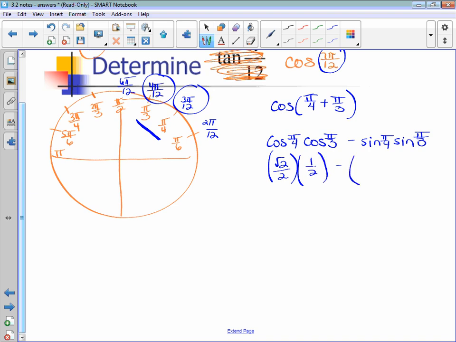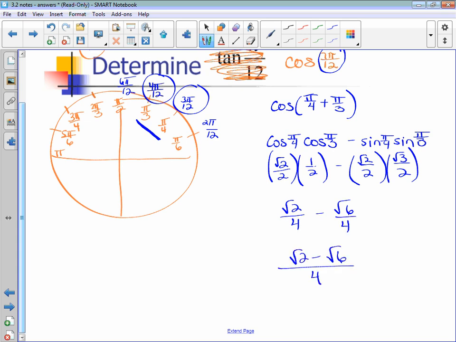Minus, what's the sine of pi over 4? Root 2 over 2, good. And the sine of pi over 3? Root 3 over 2. So I've got root 2 over 4 minus root 6 over 4. See what I mean? There's those same numbers again.